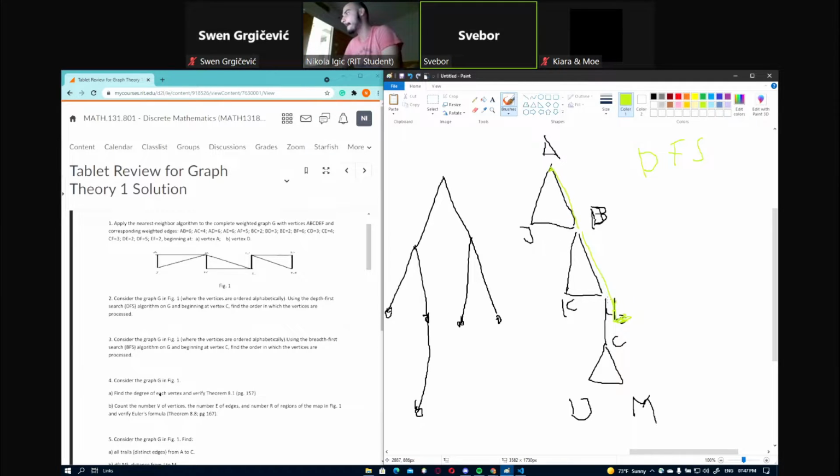So we have to go to C. And let's continue to M. Okay, and what's the next one? J. No. D. And then you're going back until you find the first path that can go to another dot that you didn't go yet. For example, L, K. And at the end you have B, G, and that's one example solution of that depth first search.